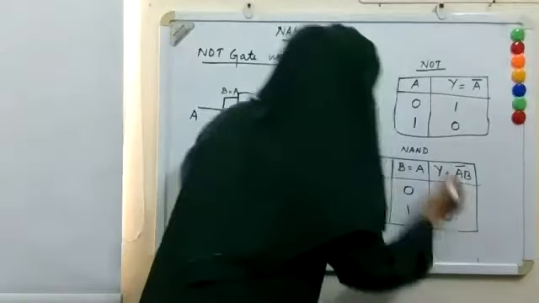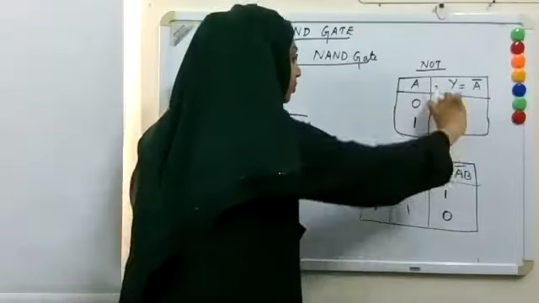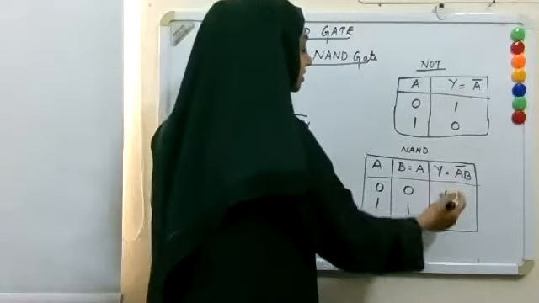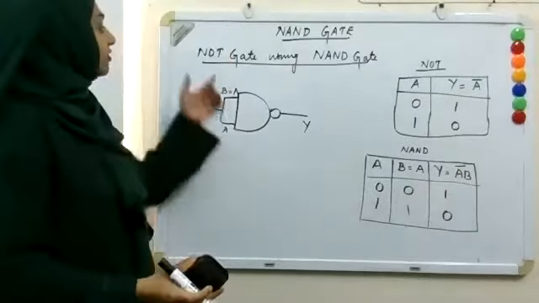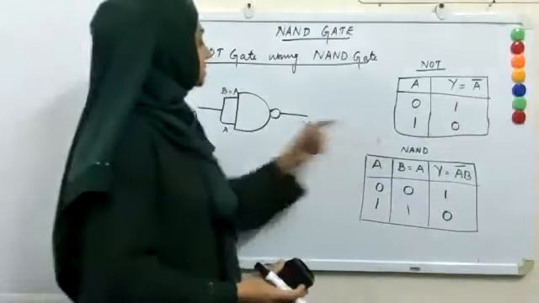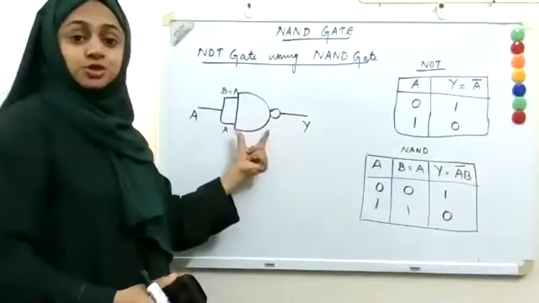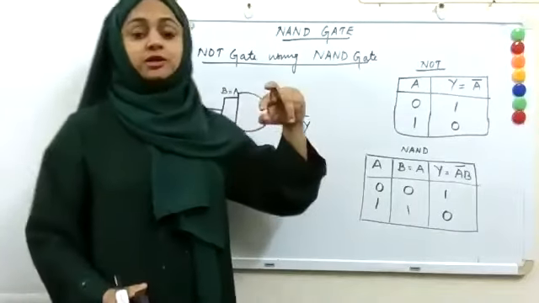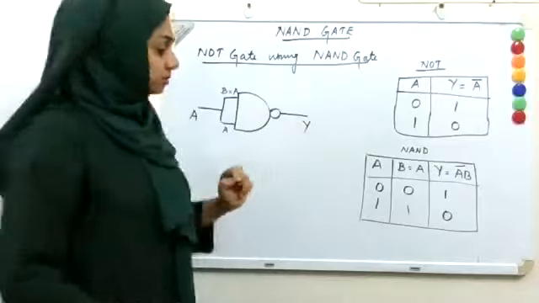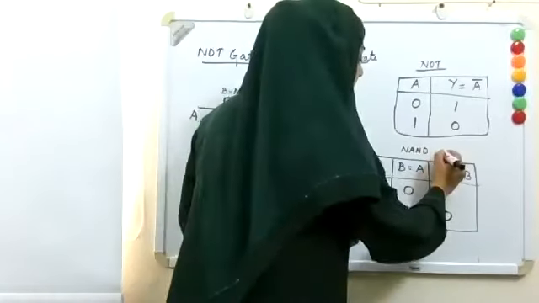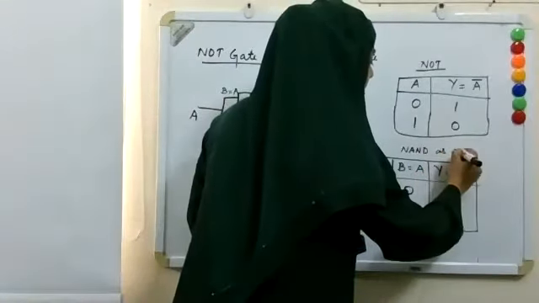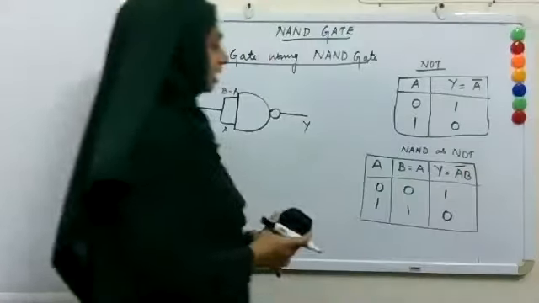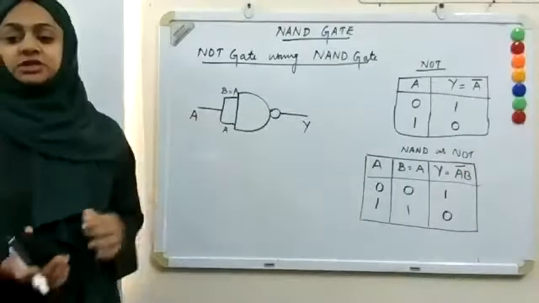So did we get the same input 0 and 1? 1 and 0. So we got the output of a NOT gate using a single NAND gate. So a single NAND gate can function like a NOT gate if you are giving the same input to it. So NAND gate as a NOT gate.